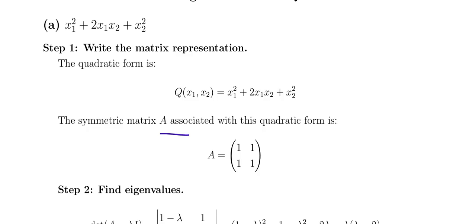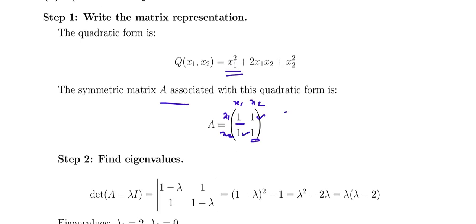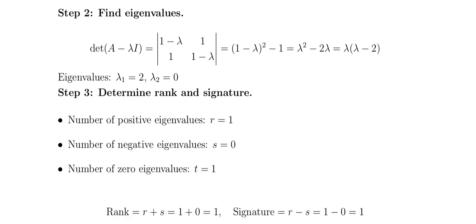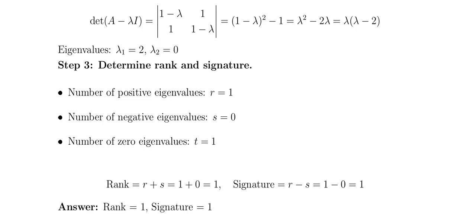The symmetric matrix A is associated with the quadratic form: the coefficient of x1 square is 1, the coefficient of x2 square is 1, and the x1 x2 coefficient is 2, so half of it, 1, goes in the off-diagonal positions. So this is the corresponding matrix of the quadratic form, and we can find its eigenvalues. The number of positive eigenvalues is 1, the number of negative eigenvalues is 0, and the number of 0 eigenvalues is 1. So for the rank, how many nonzero eigenvalues are there?